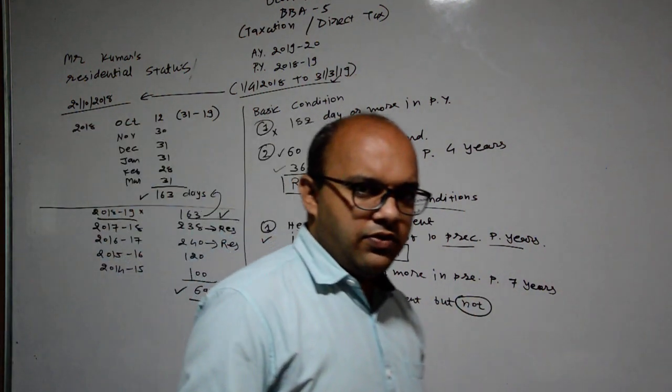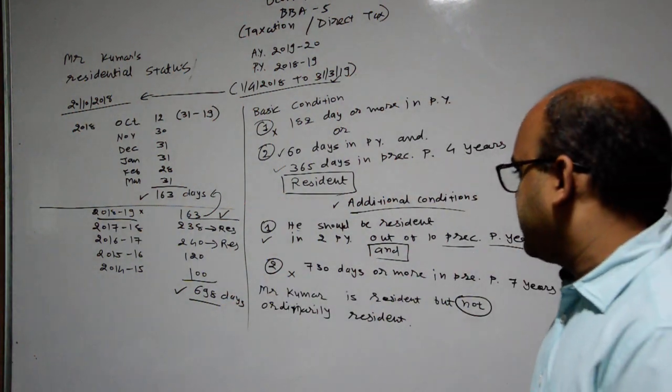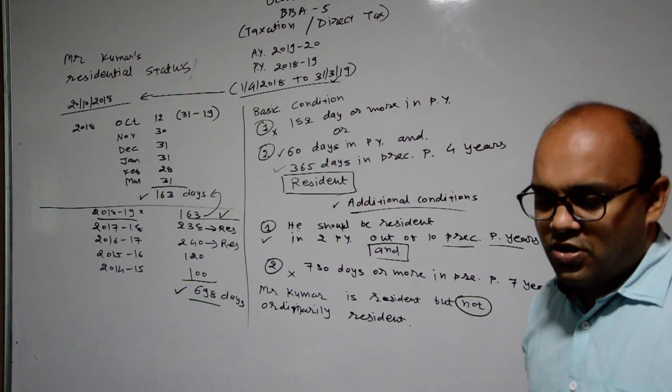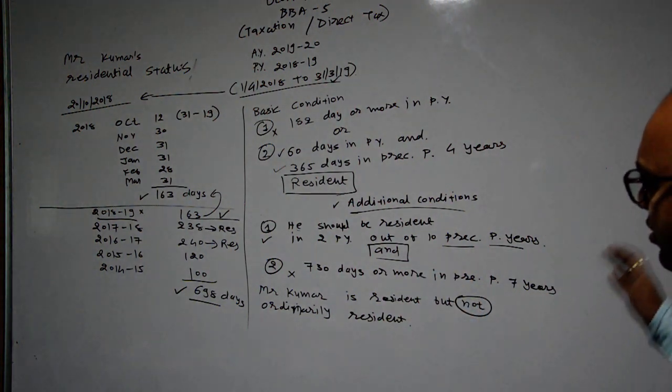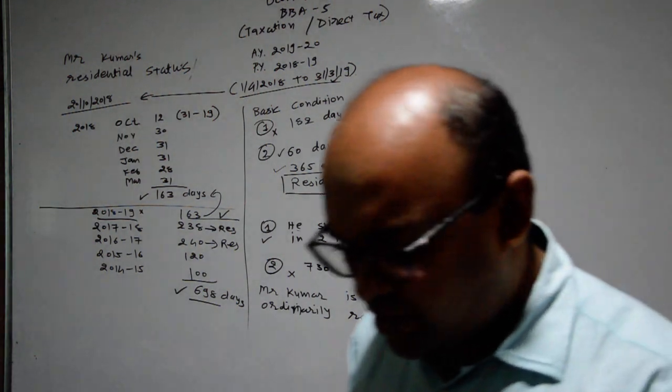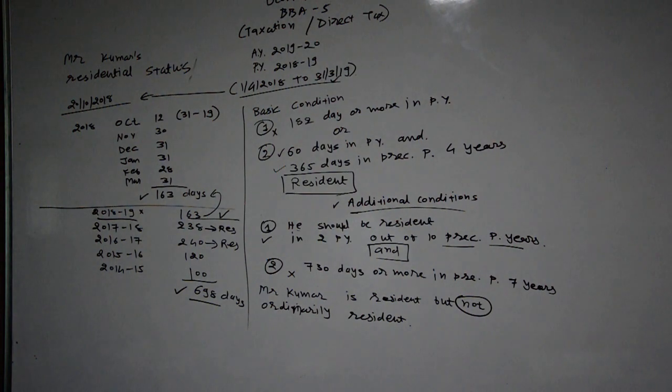Okay, so we have determined his residential status, that Mr. Kumar is resident but not ordinarily resident, on the basis of the information given. So our first point, his residential status, we have determined it. Everything is shown on the board. No problems.